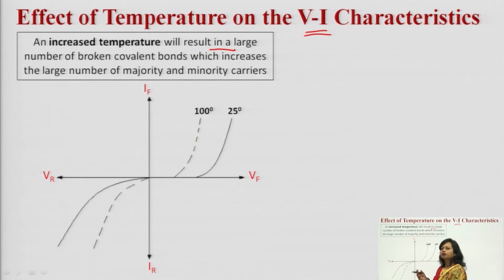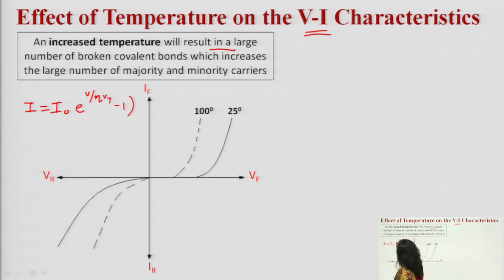So, they are going to impact the conduction. And just try to recall the diode current equation. I is what? I naught e raised to the power V upon eta Vt, minus 1.